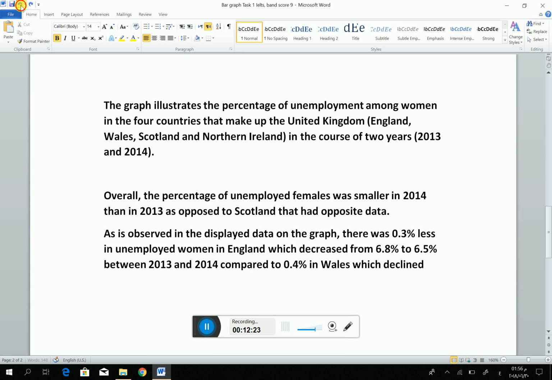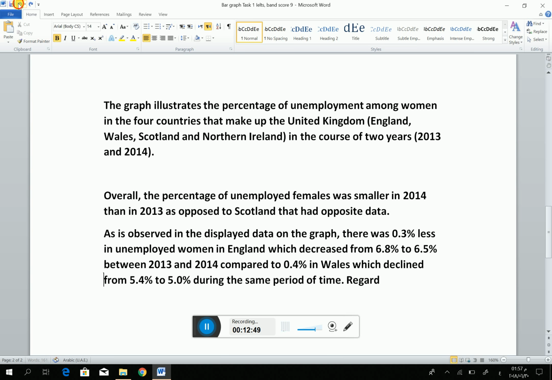0.4% in Wales, which declined from 5.4% to 5.0% during the same period of time. That's okay. Here you use the word compared to show comparison. Here I used the word decreased, and here I used the word declined, so I don't repeat words.